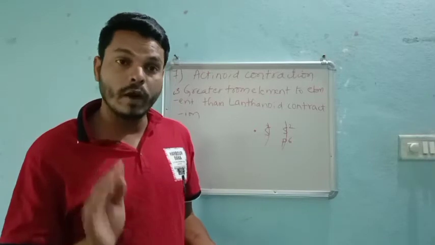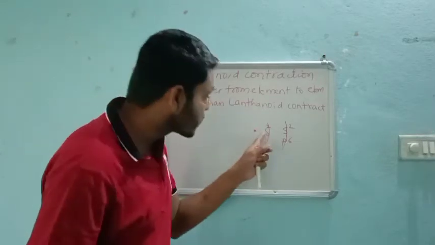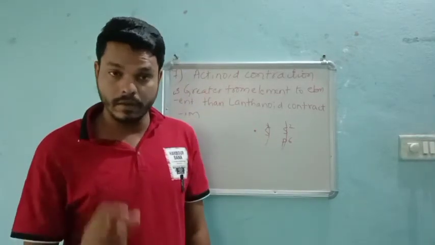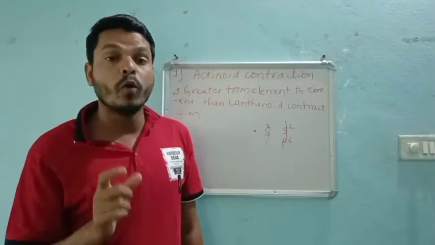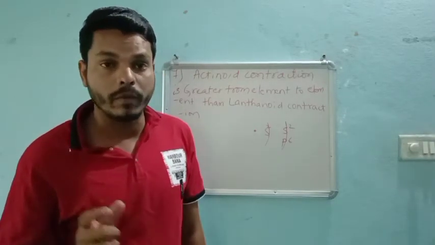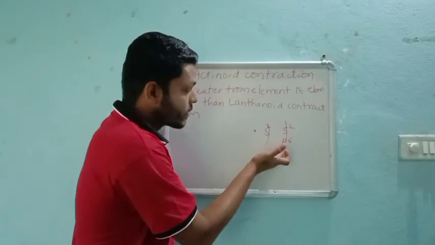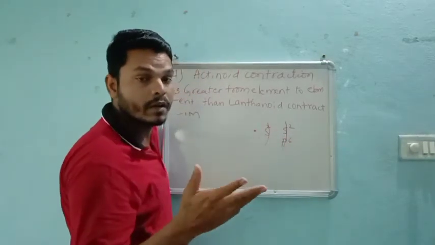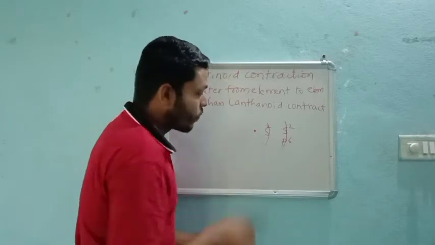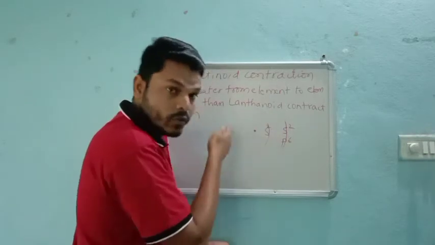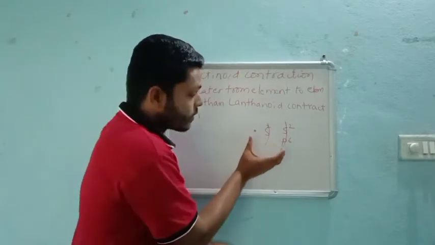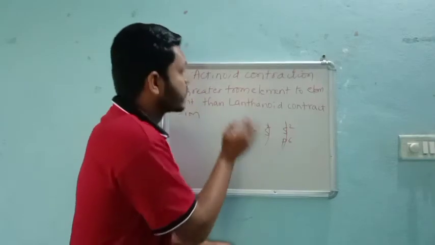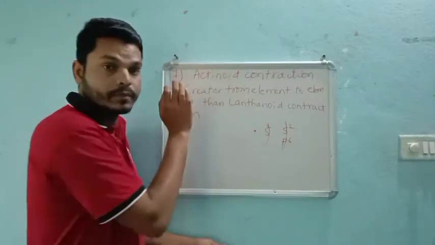So that's why I am saying the shell is more shielded as compared to p. Why? Because for these 6 electrons we don't have any repulsion. What we have is only attraction towards the nucleus. So that's why the size definitely decreases. That is what is happening here.